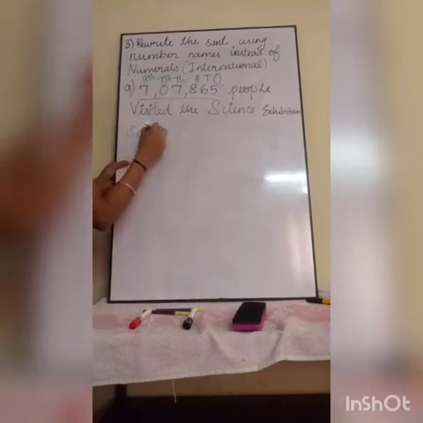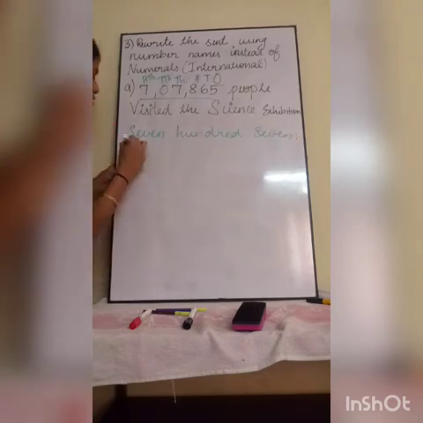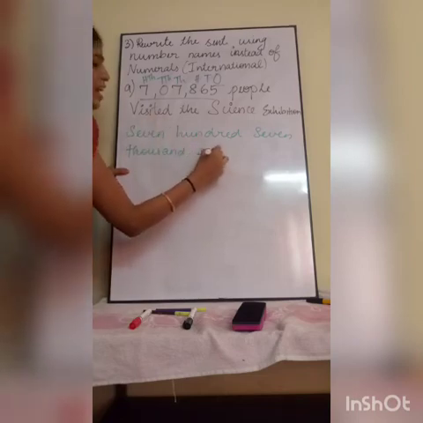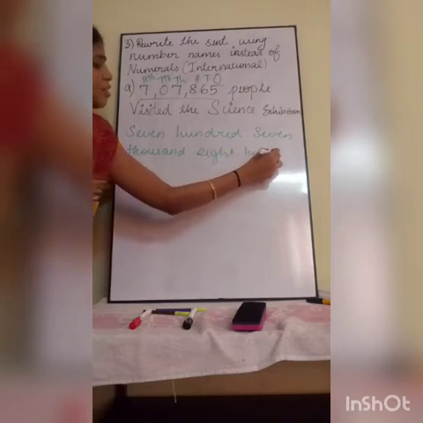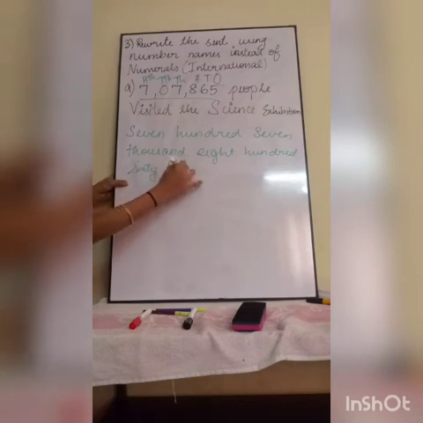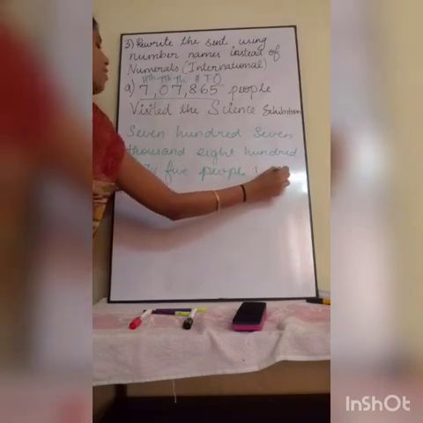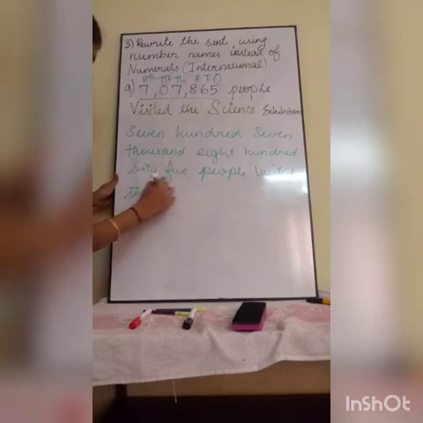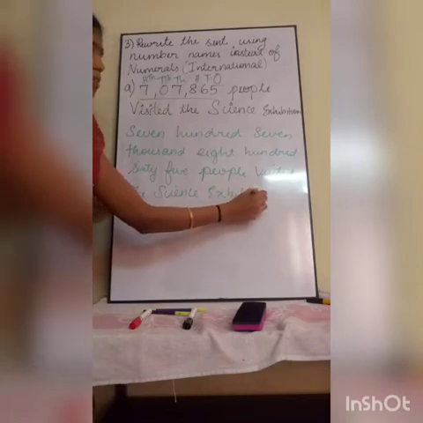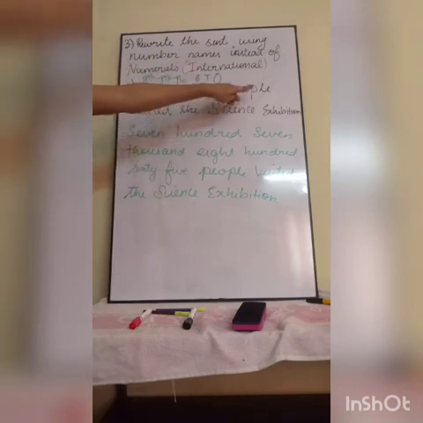So I am going to write in the international system like 707,000, 865 people visited the science exhibition. Listen, one minute. See here, first I am going to change this number using number name, then I am continuing that sentence.